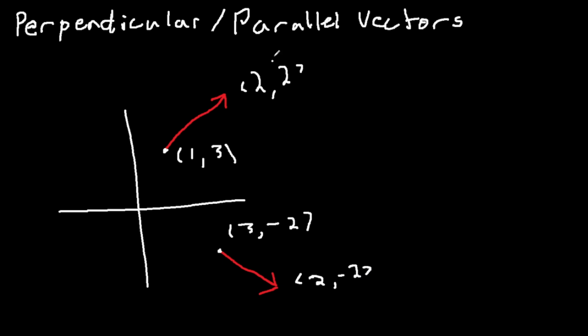So what if they both start at the origin right here at 0, 0? Let's draw the vectors with a different color, starting at the origin. And now here's the thing, these are still 2, negative 2, and this is still 2, 2. But now they form a 90-degree angle.